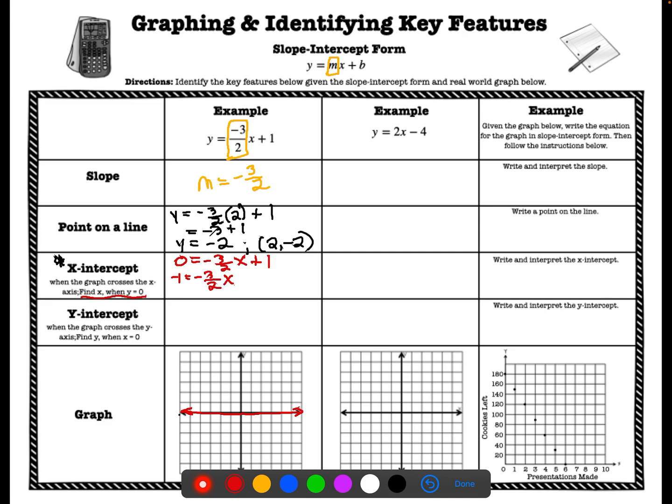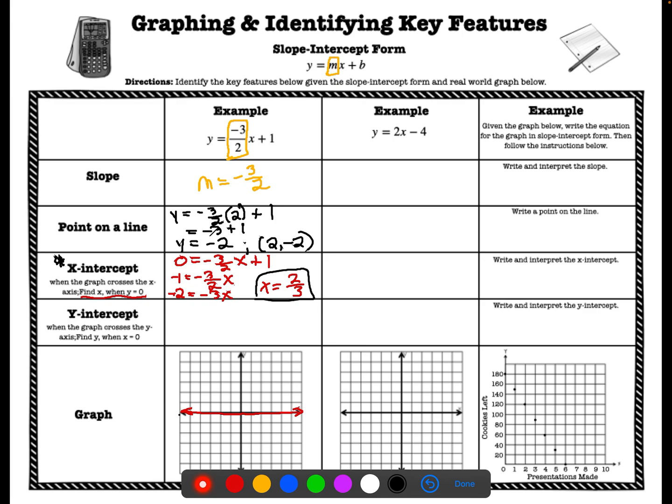From here, we have to multiply each side by 2, so that we end up with negative 2 equals negative 3x. Finally, we want to solve for x, so we divide each side by negative 3, leaving us with x equals 2/3.